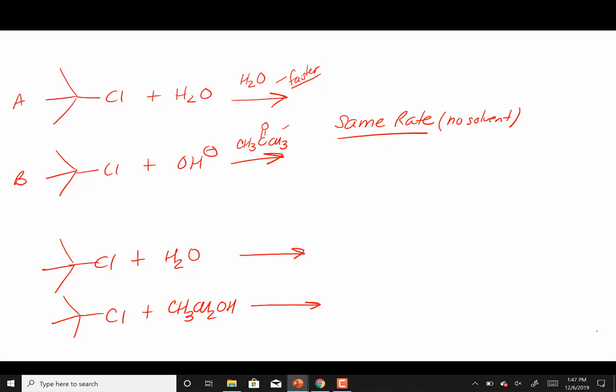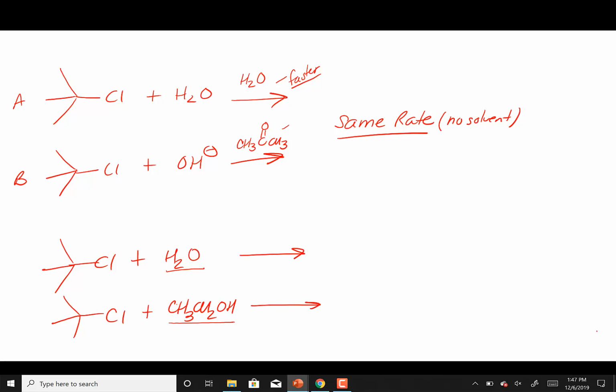Now, the problem that you talked about on the older exams that shows up is, what if I say you're going to take a tertiary halide and react it with either water or alcohol? There are two ways to look at this. You could say, well, those are nucleophiles, and therefore it doesn't matter. These two reactions are going to go at the same rate.